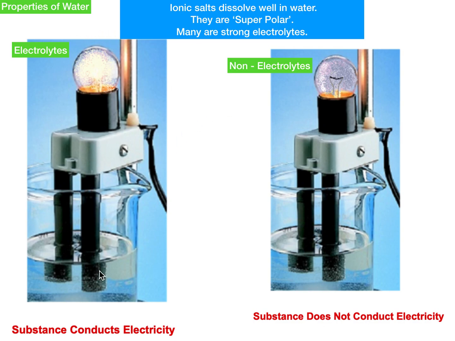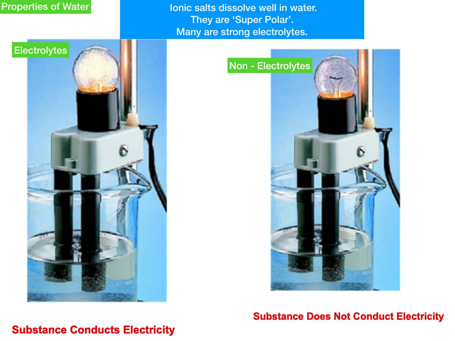Remember, we would put the solution and the light bulb would glow. Or if it didn't dissolve or didn't conduct electricity when it was in there, the light bulb would not glow, would not turn on. So we called them a non-electrolyte. Most ionic salts are strong electrolytes.